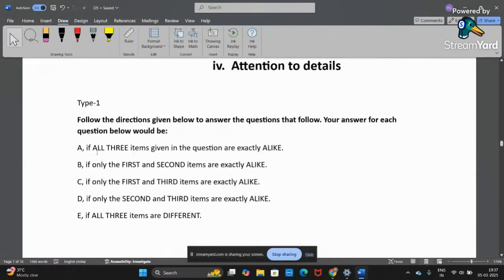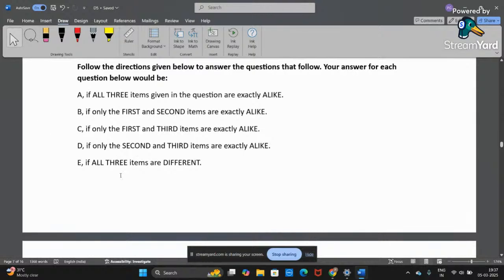First, let's see the options. If all three items given in the questions are exactly alike, if only the first and second items are exactly alike, if only the first and third items are exactly alike, if only the second and third items are exactly alike, if all three items are different.